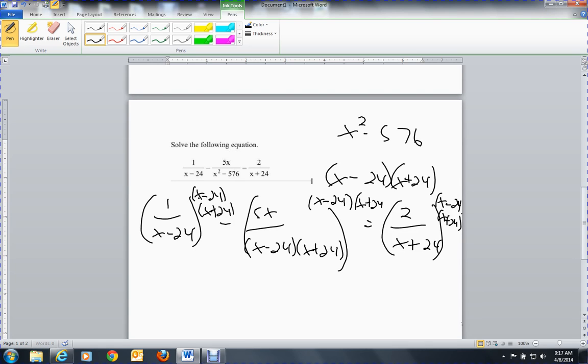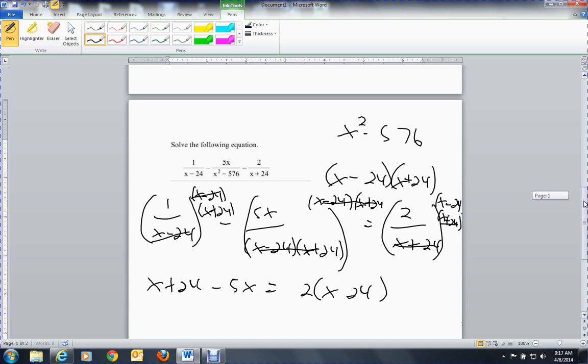And I'm just going to cancel. These x minus 24s cancel, leaving x plus 24. Both of these cancel, leaving, don't forget that minus 5x. And then these x plus 24s cancel, leaving 2 parentheses x minus 24.